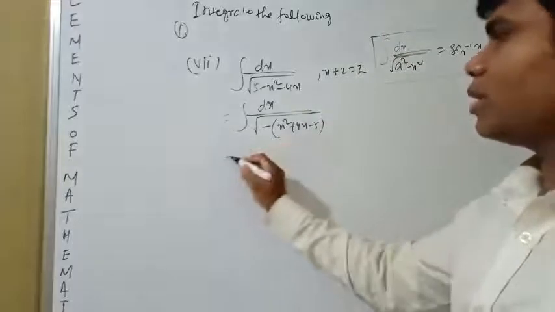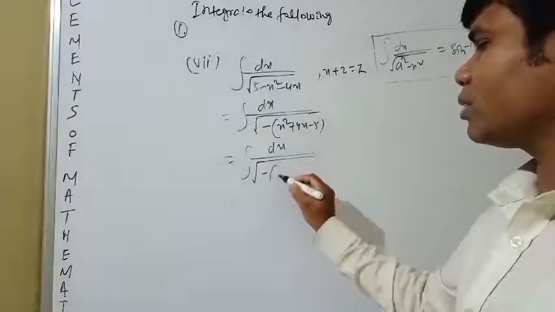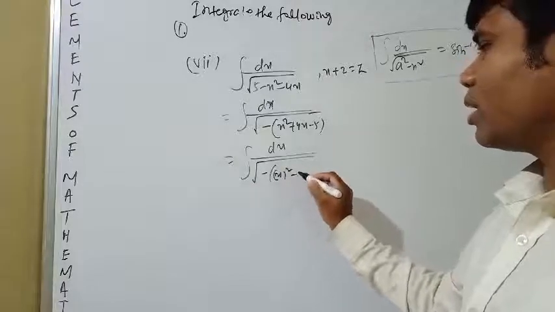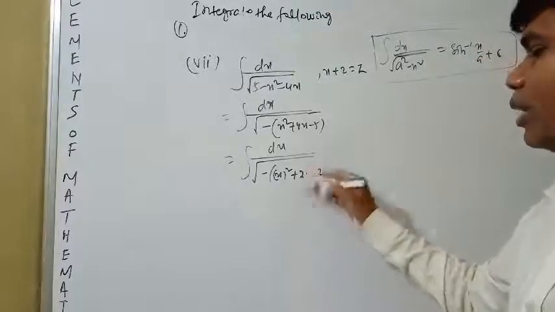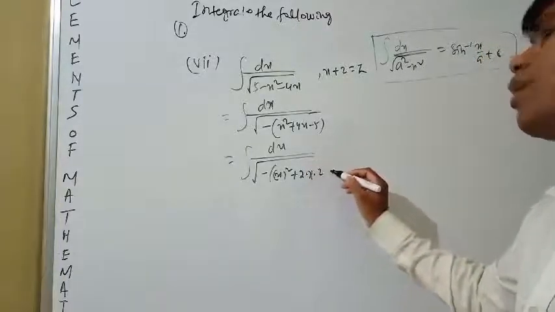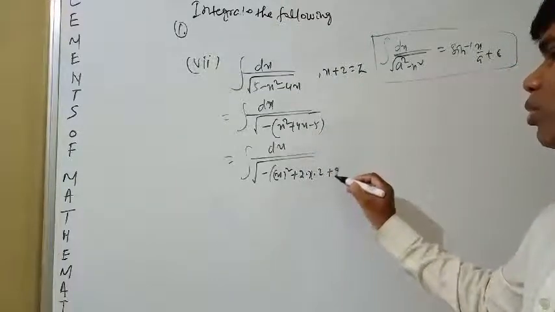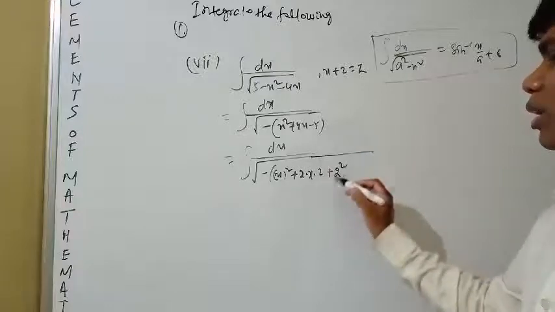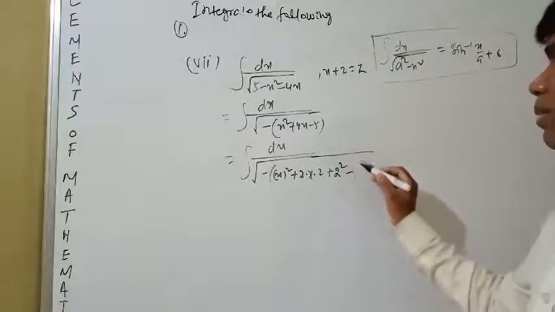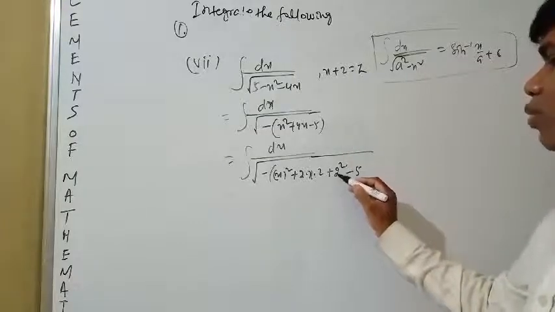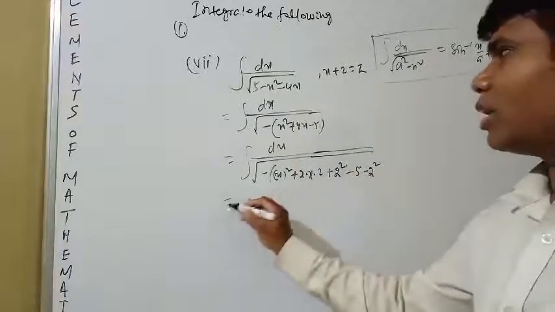So dx by root over minus x square plus 2 into a into b. 2 into 2x is 4x, so b is 2, and 2 square. Up to this much, that is x plus 2 whole square. Here minus 5 is given, 2 square added, again 2 square subtracted.